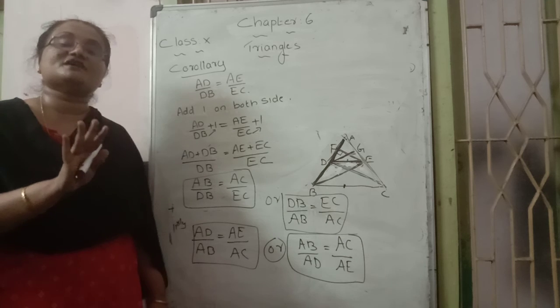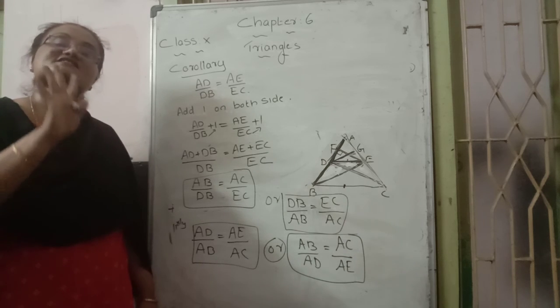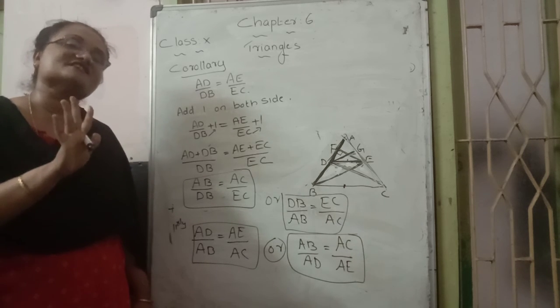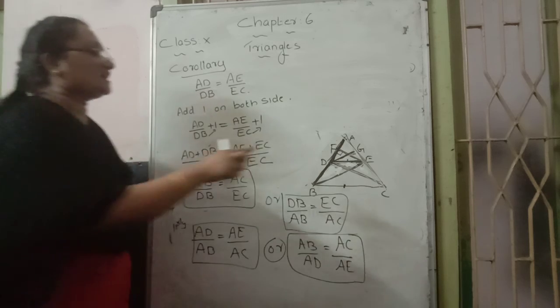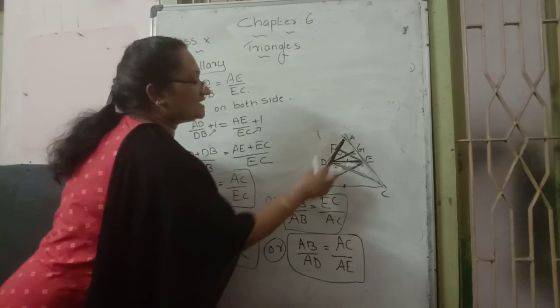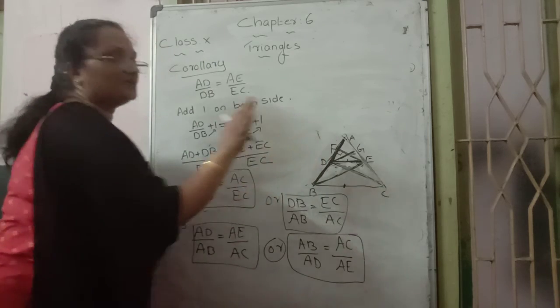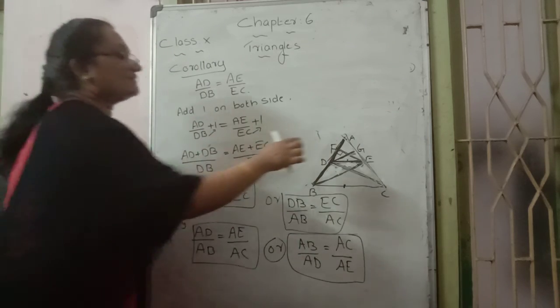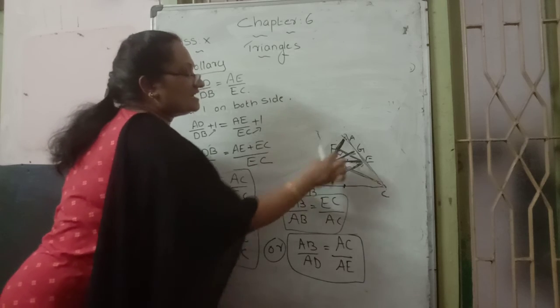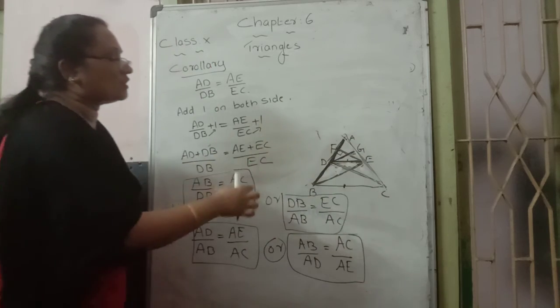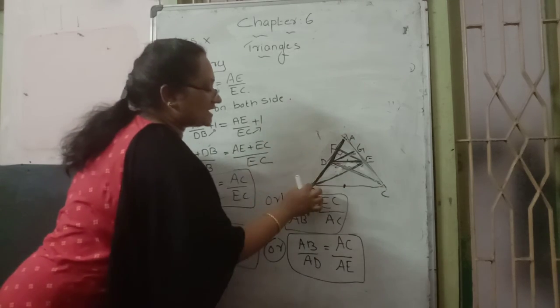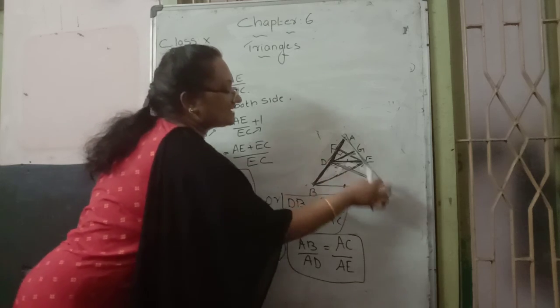So remember, we can divide the sides of the triangle in how many ways? 5 ways. First way is AD by DB, AE by EC. Second way uses the same triangle: AB by DB, AC by EC, or DB by AB or EC by AC.